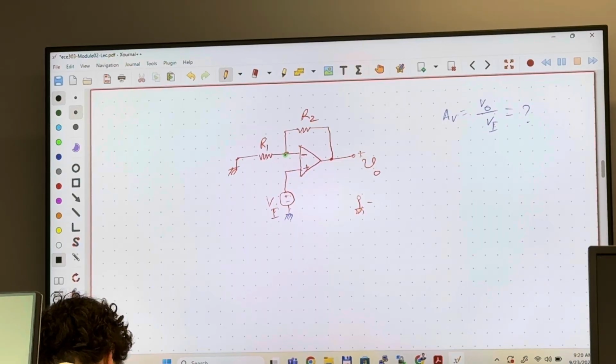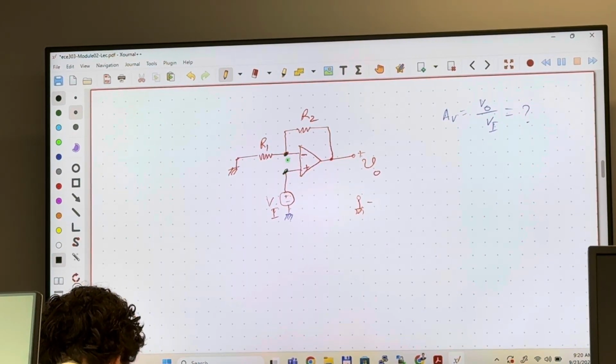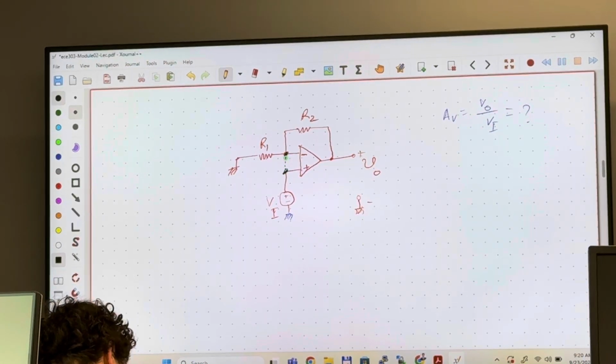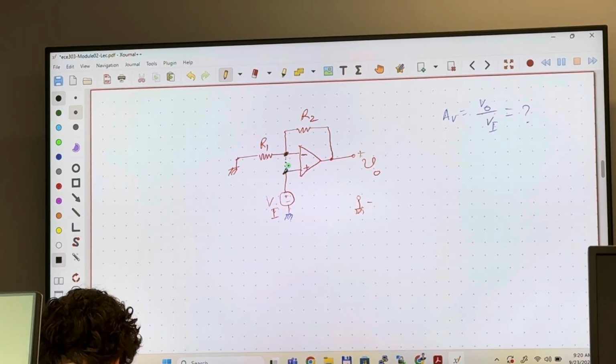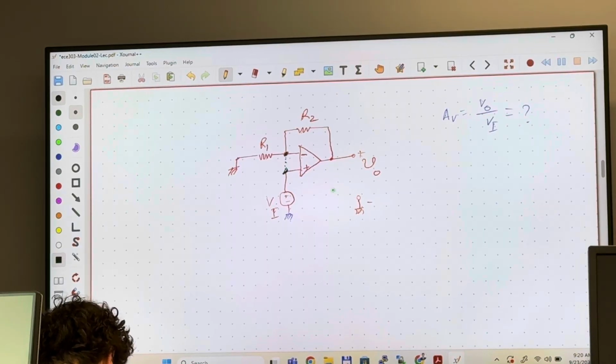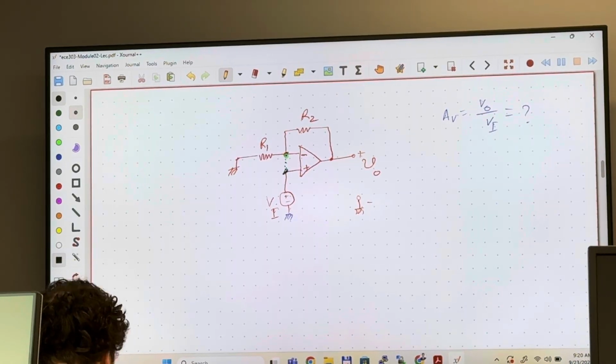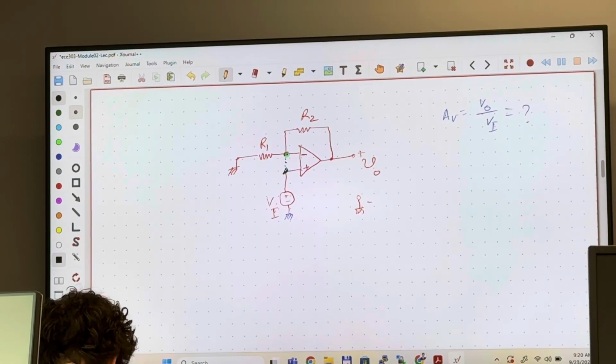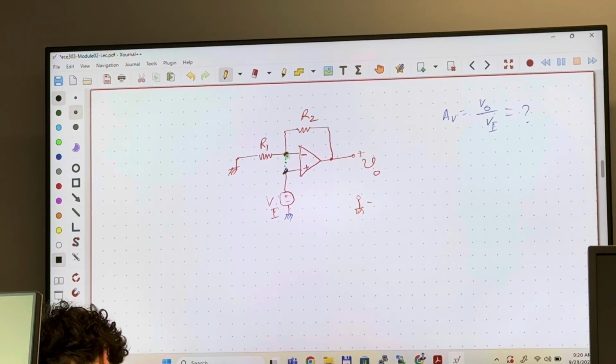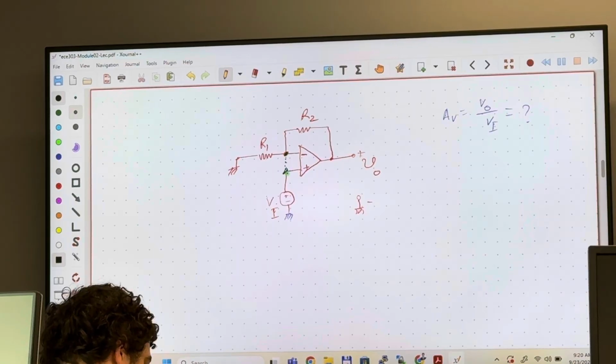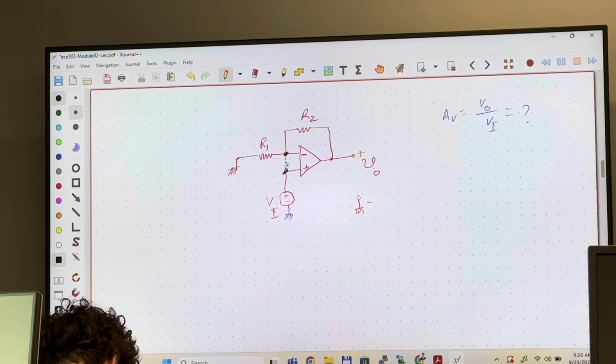That will make sure that these two terminals have equal voltages, which means they are virtually short. There is a virtual short connection between these two terminals. So you can think of this as a piece of wire. Clear? I went through this in our last class.